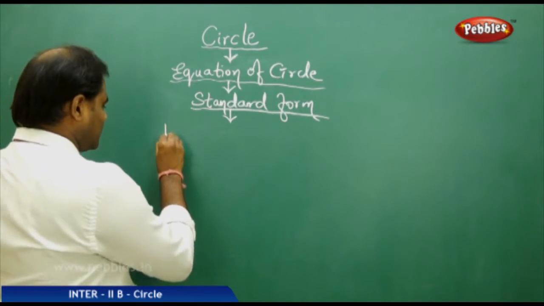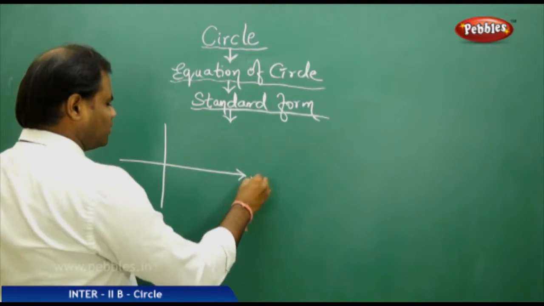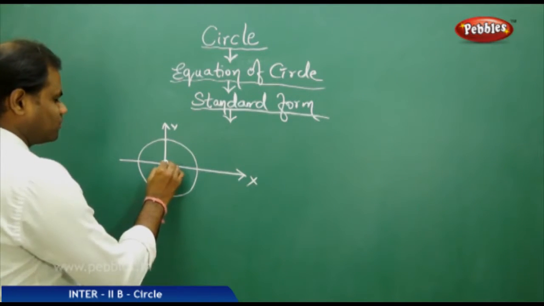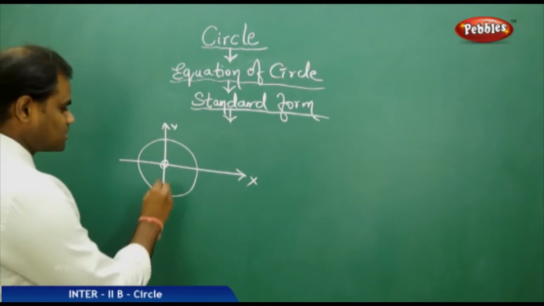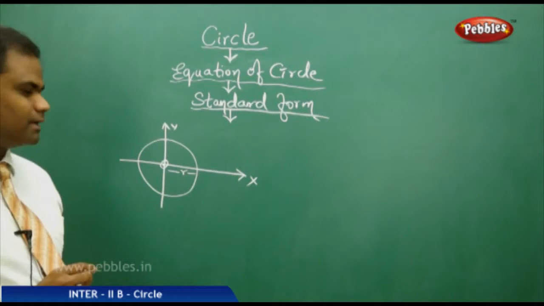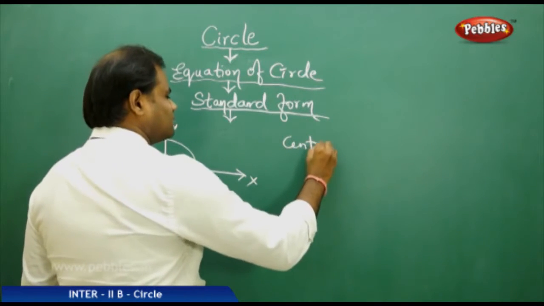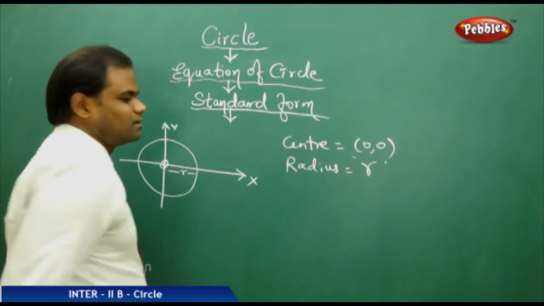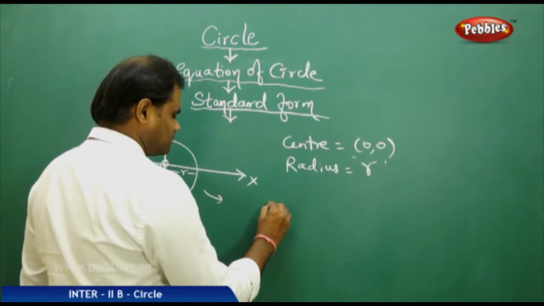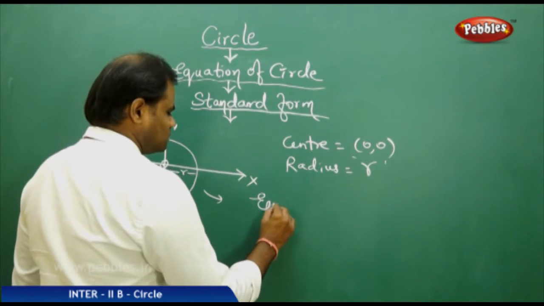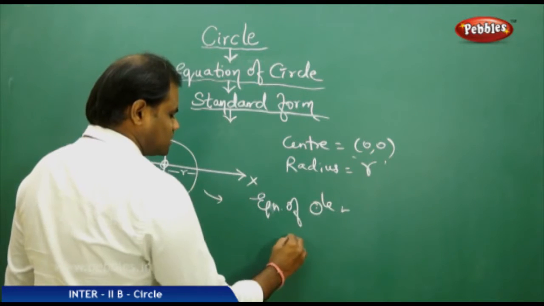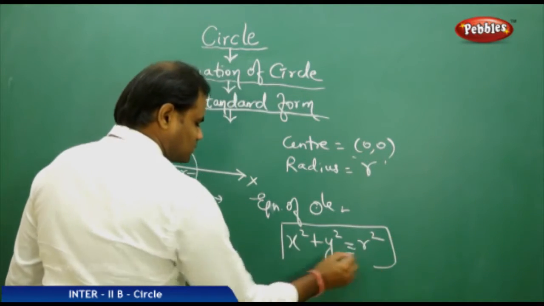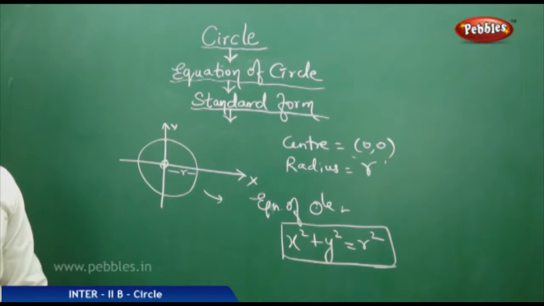That is, if I have an xy coordinate system where the circle is exactly at the center of the origin, and my radius is r, then a circle with center as origin and radius as some r has the equation x squared plus y squared equals r squared. This is called the standard form of equation of a circle.